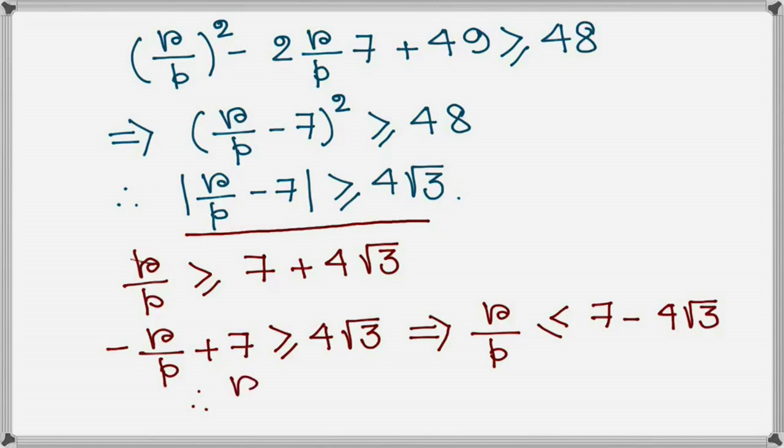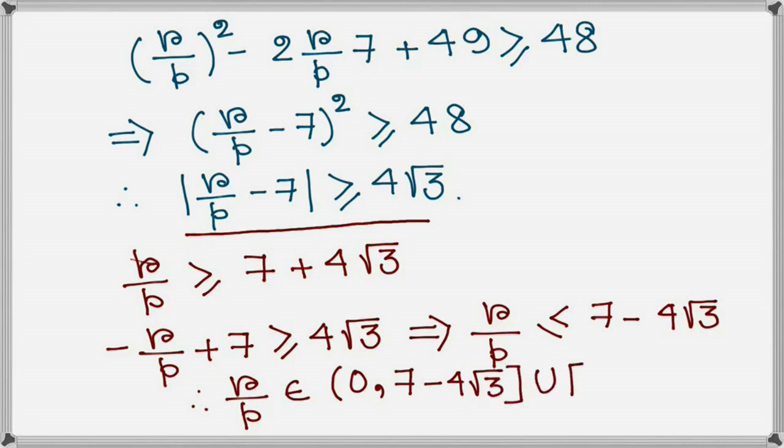So r/p belongs to (0, 7 - 4√3] union [7 + 4√3, infinity).